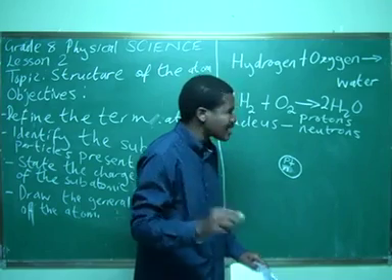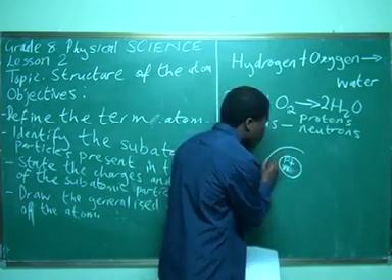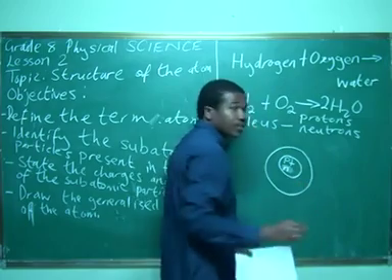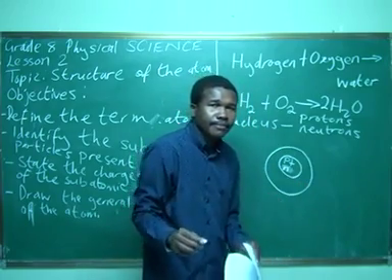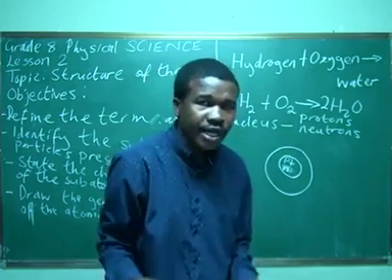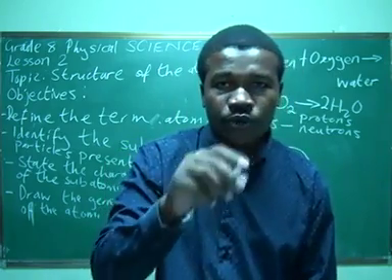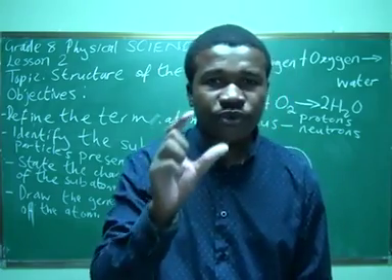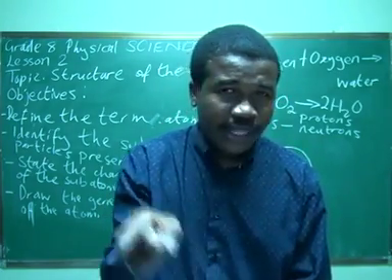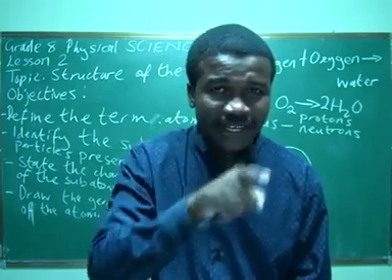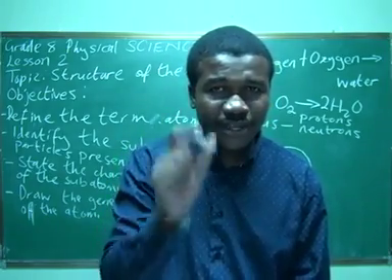Now this nucleus is surrounded by what we call orbitals. When you draw ball diagrams, you draw the center, you write the name or the symbol of the element, and then you draw circles around the nucleus.